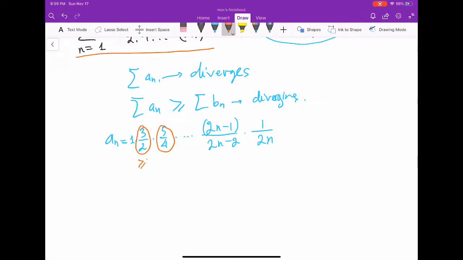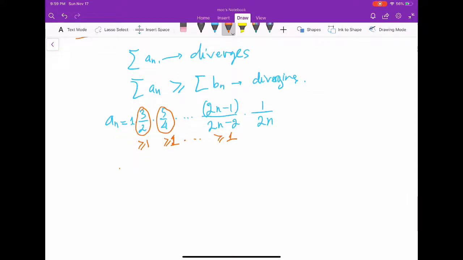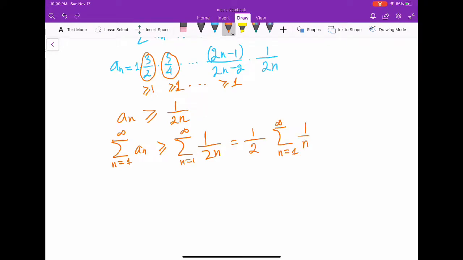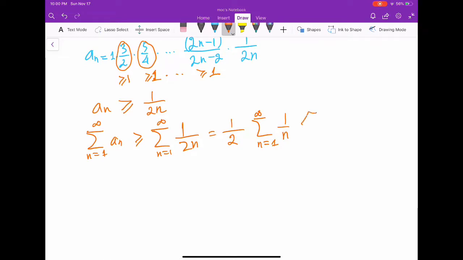And let's pay attention to each factor in here. This guy is greater than or equal to 1. This guy is greater than or equal to 1. And so on, this guy also greater than or equal to 1. So overall, a_n is greater than or equal to 1 over 2n. And we know that from here the sum of a_n from 1 to infinity is greater than or equal to the sum of 1 over 2n from 1 to infinity, and that is nothing but 1 over 2, because 1 over 2 is a number, we can take that out, times the sum from 1 to infinity of 1 over n, and this is the harmonic series.